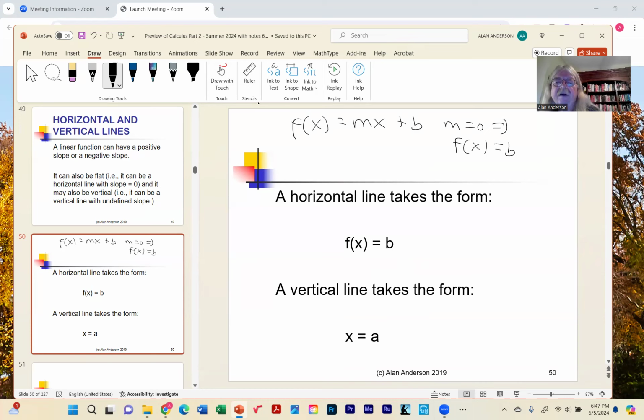On the other hand, if y is 0, which it will be at the vertical intercept, or the vertical line, then we have 0 equals mx plus b.